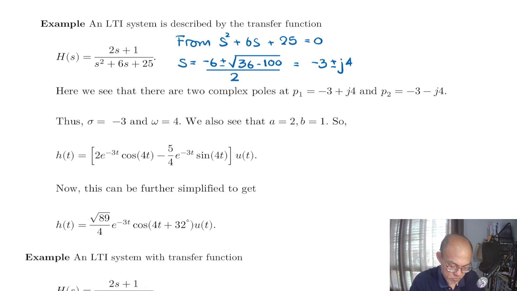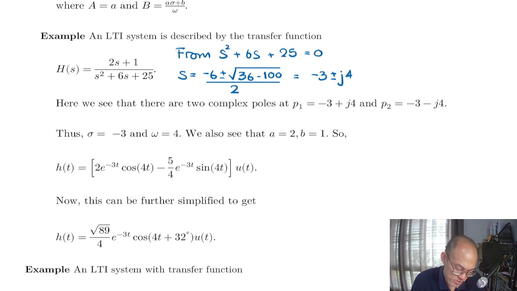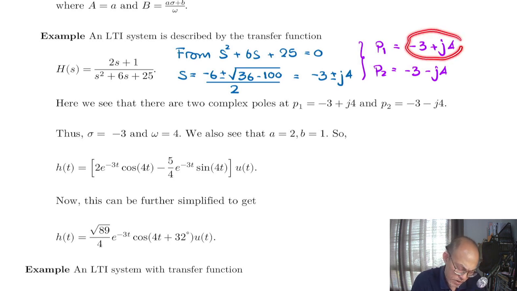So you see the poles are complex numbers because there is the term j here. So I know from here that P1 is minus 3 plus j4 and P2 is minus 3 minus j4. Notice that they come in conjugate pairs, right? One is minus 3 plus j4, the other is minus 3 minus j4, so they are conjugate to each other.